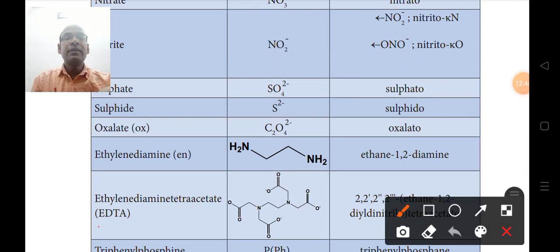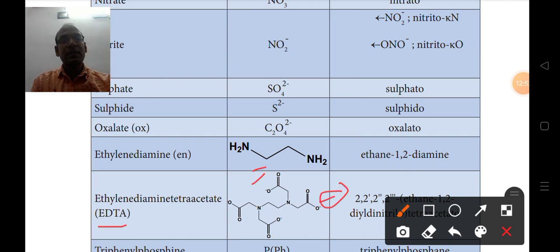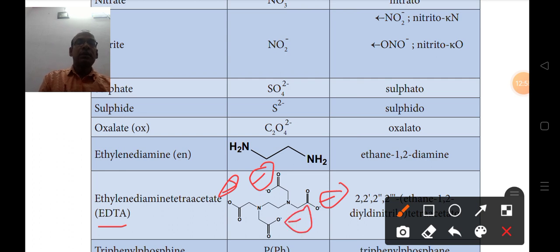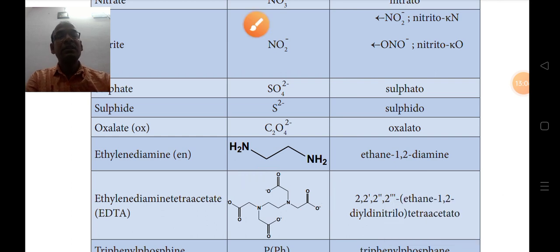EDTA has a 4- charge. These points are very important to find the oxidation state of the central metal ion. Therefore, be careful about the charges on the ligands.